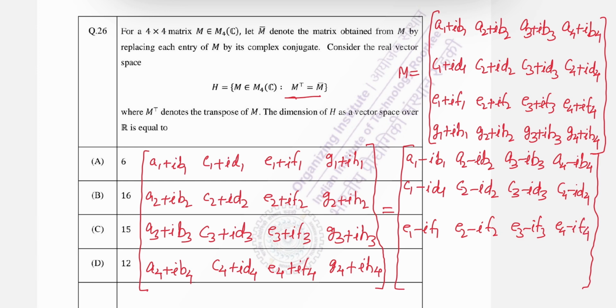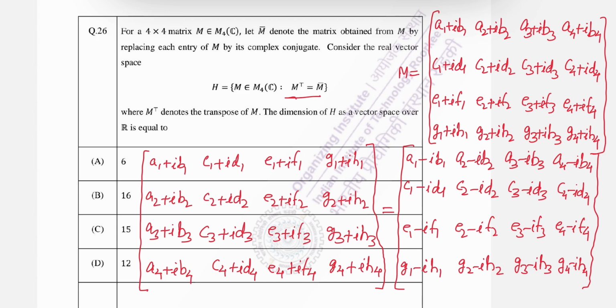Now the last row: G1 minus iota H1, G2 minus iota H2, G3 minus iota H3, G4 minus iota H4.